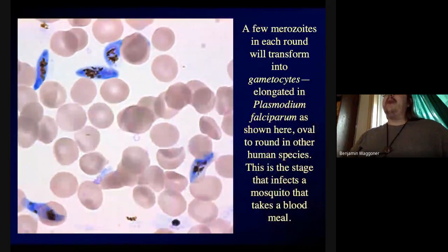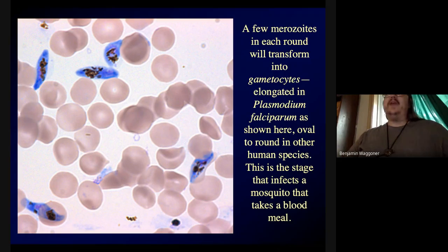In each round, a few merozoites transform into gametocytes. This is them in Plasmodium falciparum, looking a little like a banana, I guess. Other species, they might be more oval or round. That's the stage that infects a mosquito that takes a blood meal.